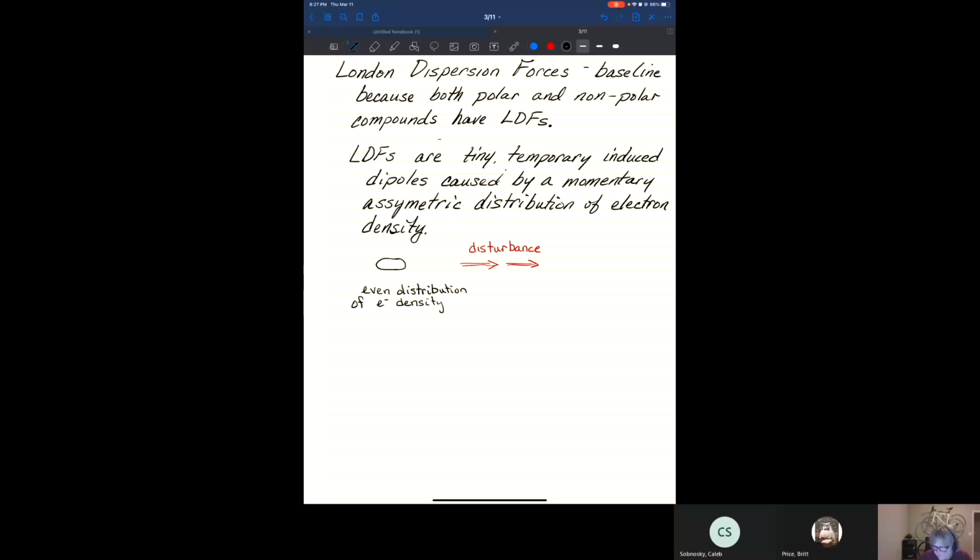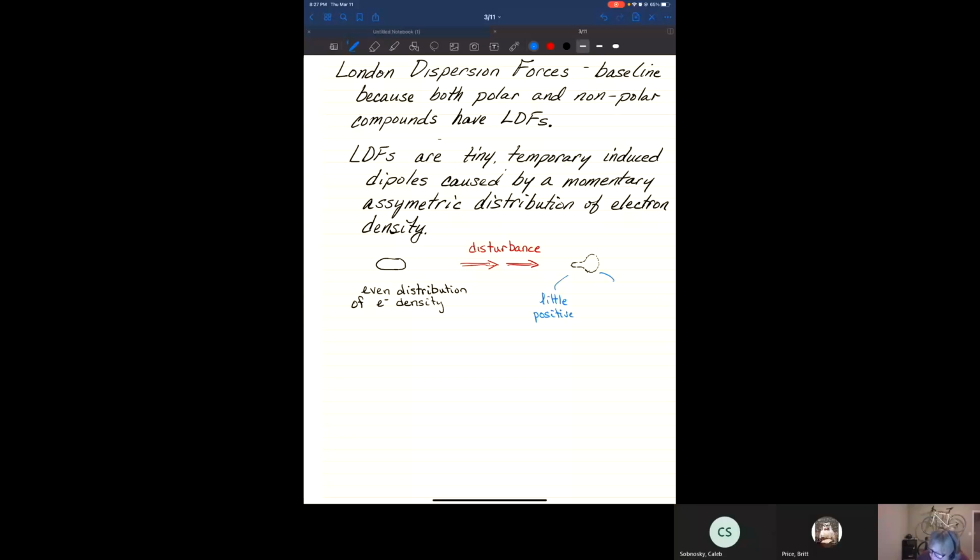Instead of having this nice symmetric shape, the part here will shrink and becomes more of a gourd shape. So when we have the disturbance, we have an end that's a little negative. I'm sorry, that's how it would be a little positive. A little positive.